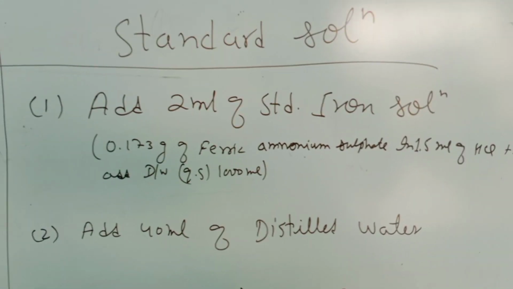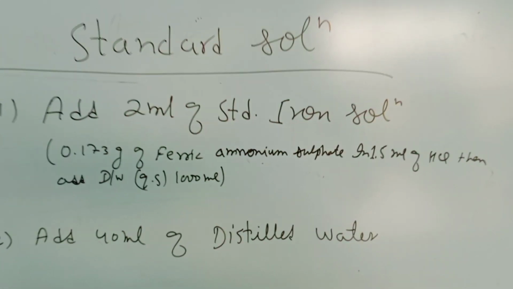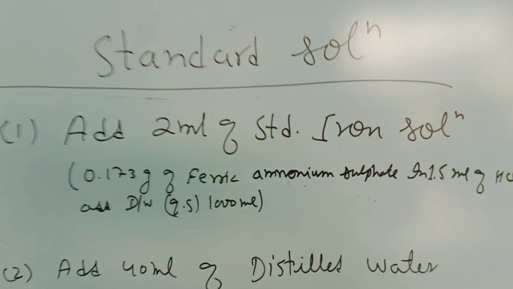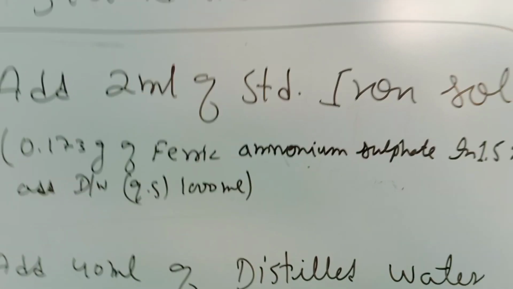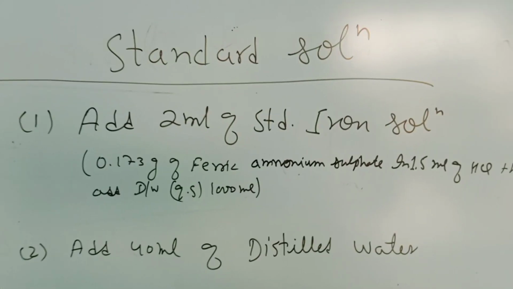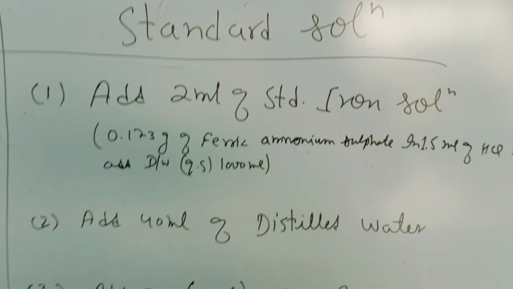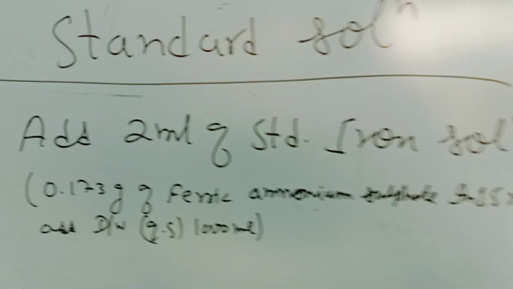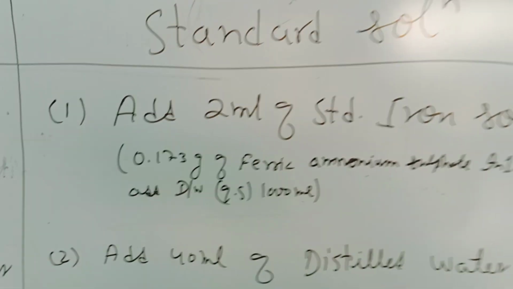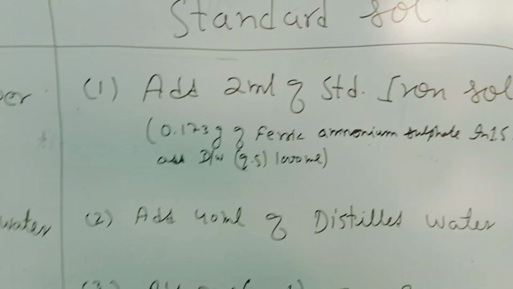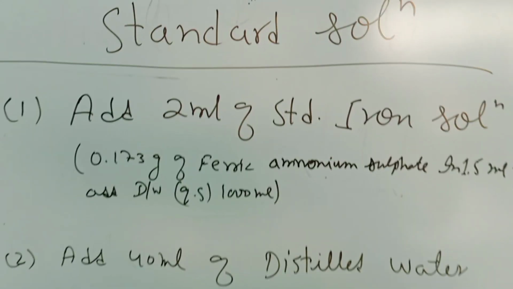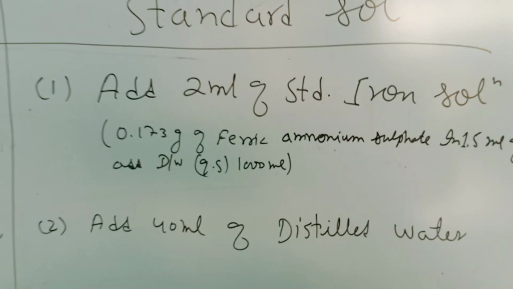This is how we obtain the standard iron solution, and the color produced by the quantity of iron present in the standard solution will then be compared with the test solution in order to determine the final result for the limit test of iron.